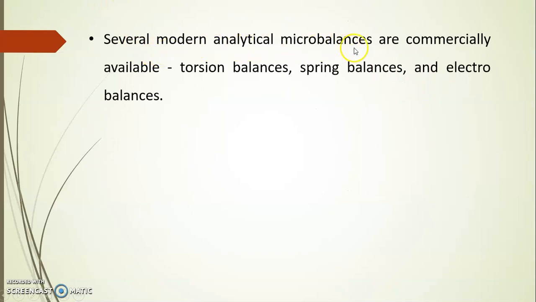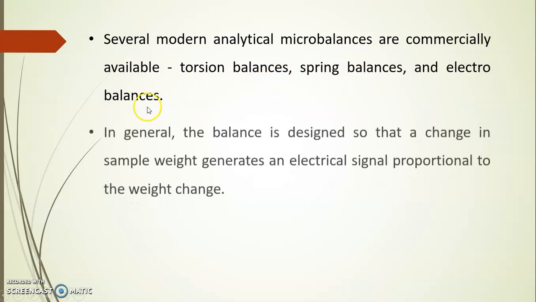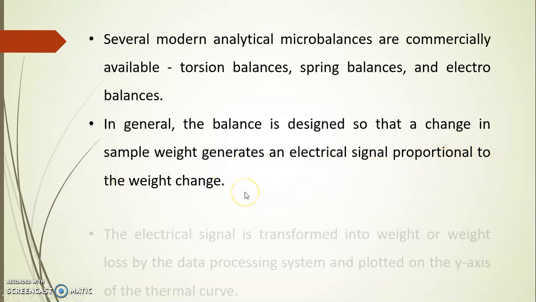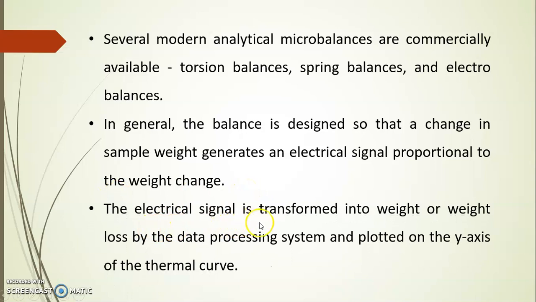Several modern analytical microbalances are commercially available, such as torsion balances, spring balances and electrobalances. In general, the balance is designed so that a change in sample weight generates an electrical signal proportional to the weight change. The electrical signal is transformed into weight or weight loss by the data processing system and plotted on the y-axis of the thermal curve.